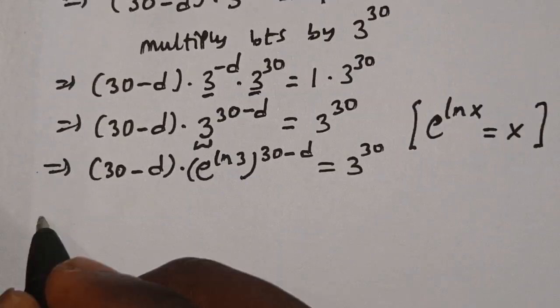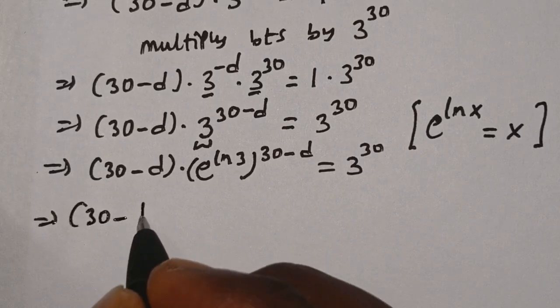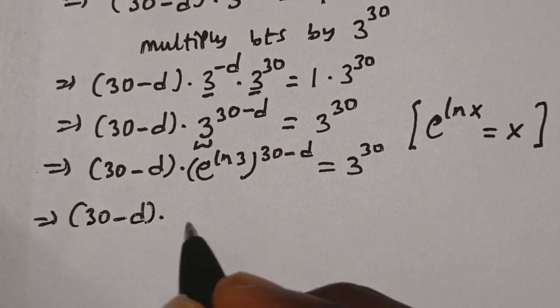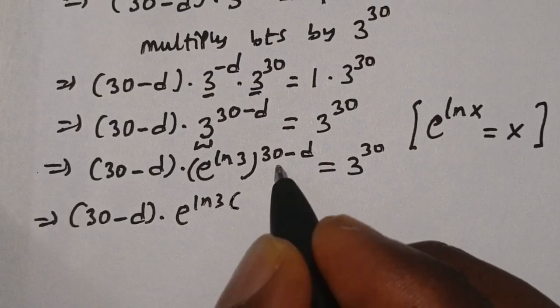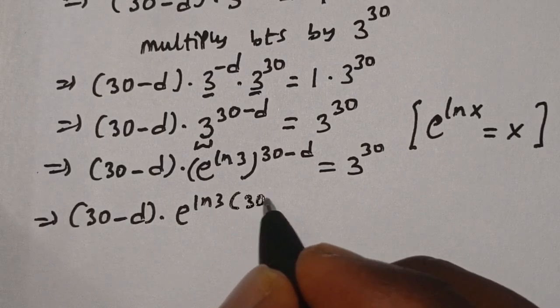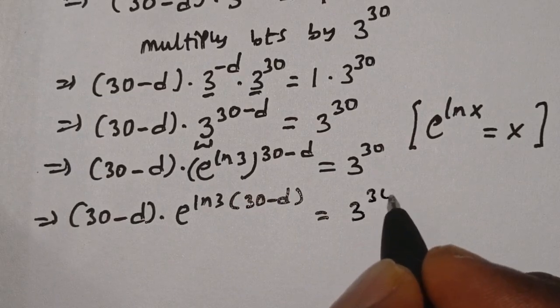This implies that 30 minus d times e to the power of ln 3 into the power 30 minus d is equal to 3 to the power of 30.